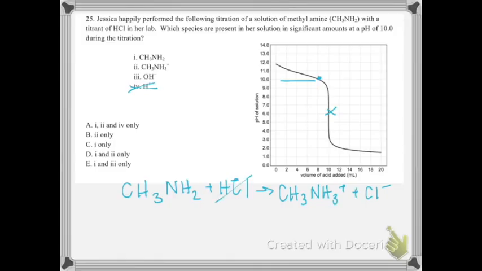So we use up all of the HCl. And we still have, at this point, excess base. So we still have some of this around. But we have reacted some of it with the HCl. And when that happens, we make some of that conjugate acid. And then, there's chloride floating around minding its own business.